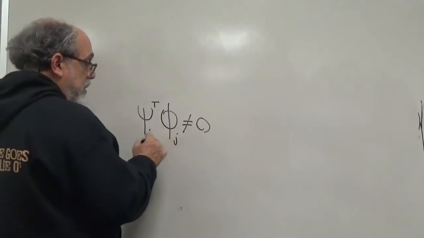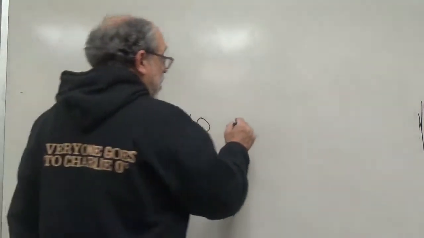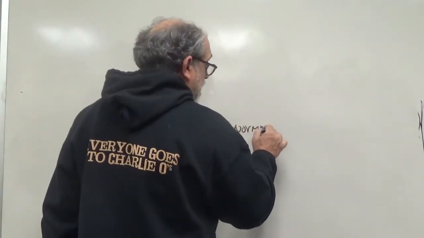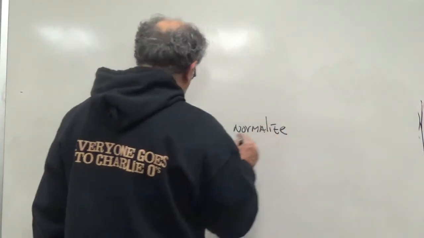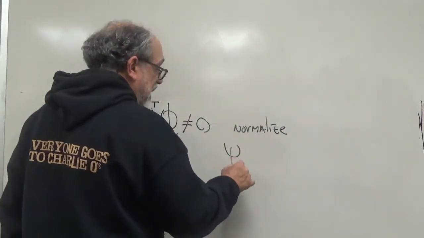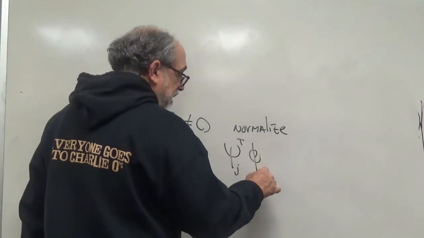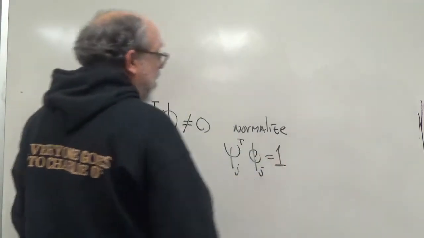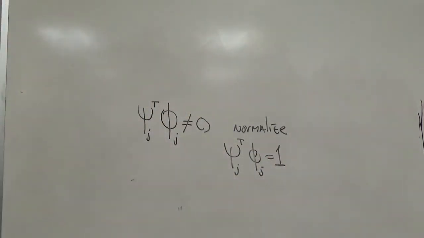That's only 0 when these two things are different. But we can normalize such that phi j transpose times phi j is 1. Okay, so that's a convenient normalization between the left side and the right side eigenvectors. All right?